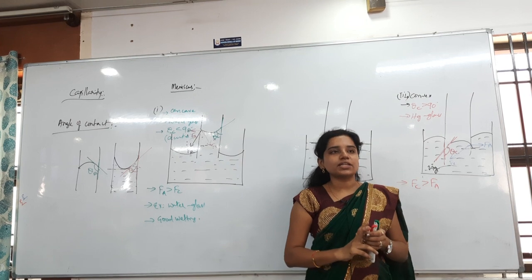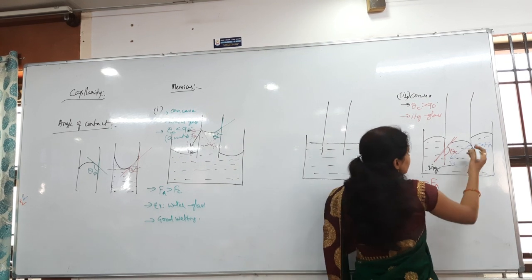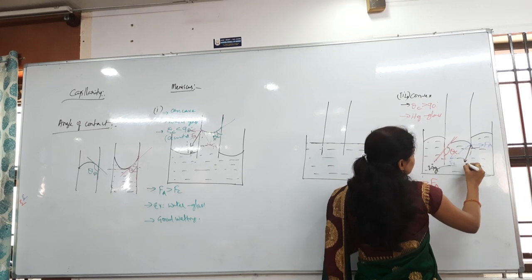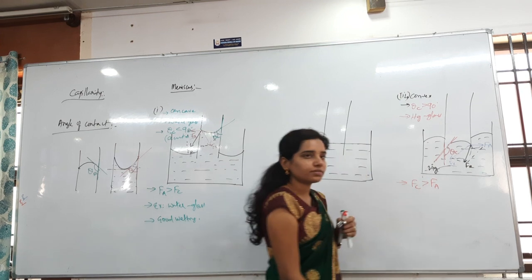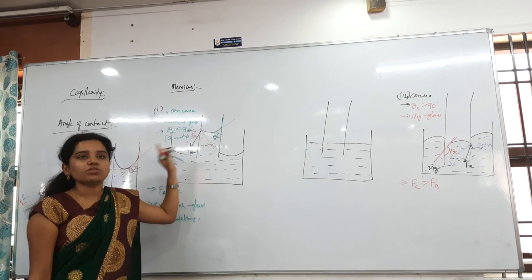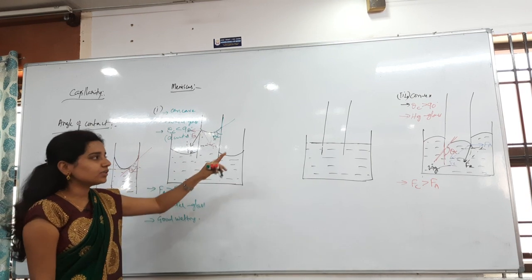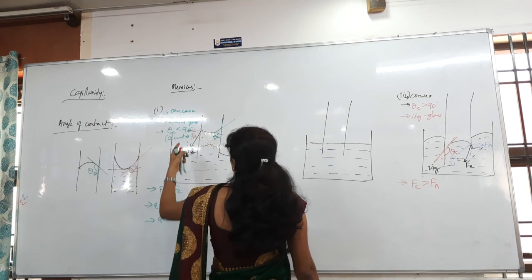Cohesive is greater. So the resultant will be towards the cohesive only. In this direction the resultant is there. This is the Fr. So Fr will always be into the liquid. Here, whenever you consider this, Fr will always be outside of the liquid. That is about mercury and glass. We have taken the example 2 times.